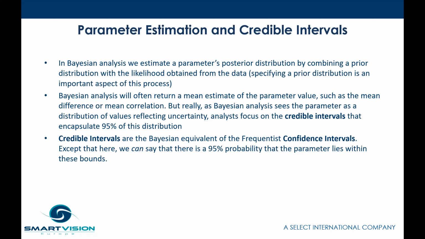So here we get to the nub of it. Credible intervals are the Bayesian equivalent of confidence intervals, except that here we can say there's a 95% probability that the parameter lies within these bounds.